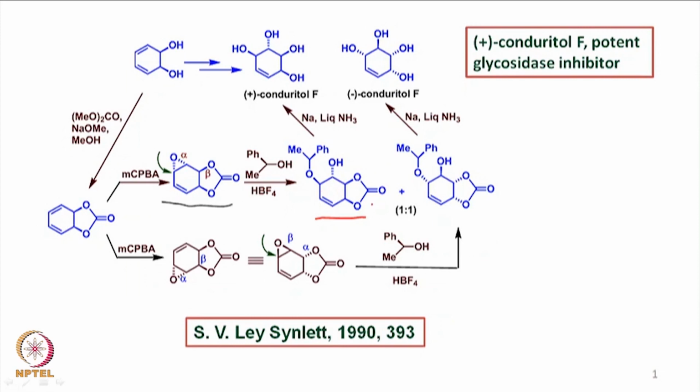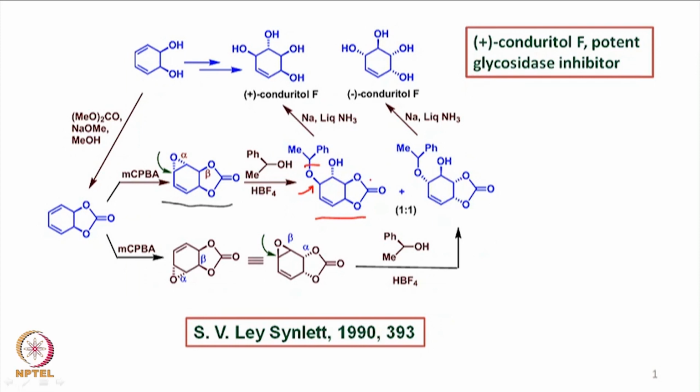Now this hydroxy molecule, in which the nucleophile has attacked from the beta side because the epoxide was alpha oriented, and thus the cleavage of this particular benzylic ether part with sodium liquid ammonia can release the hydroxy group in this beta oriented fashion. And since this particular molecule here is optically pure, therefore this particular molecule is also optically pure.